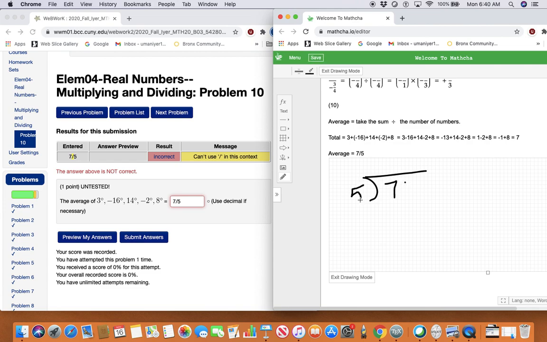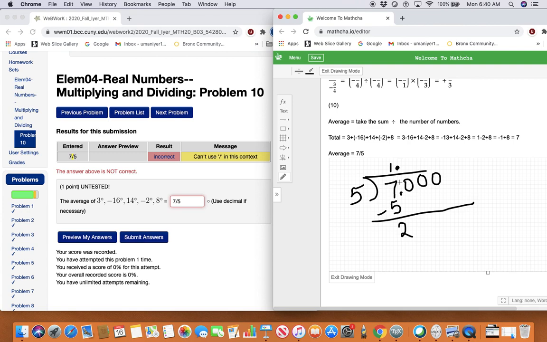5 stays outside. 7 is nothing but 7 point, however many zeros you need, right? Let's see. 5 goes in 7 once. That's a 5. Subtract 2. Okay. Now to bring that next 0 here, I'll take that decimal above the decimal.